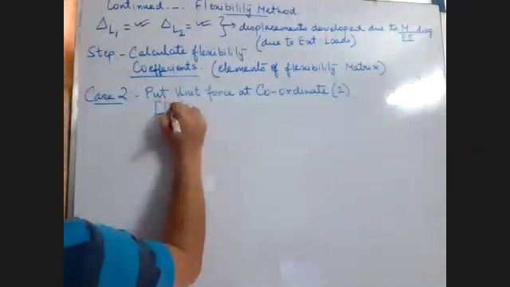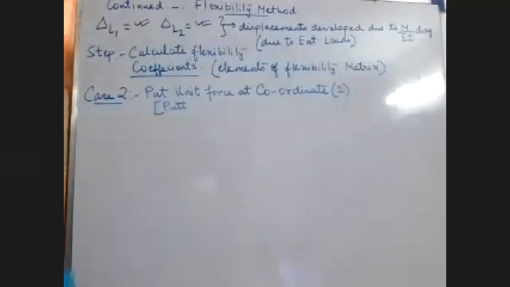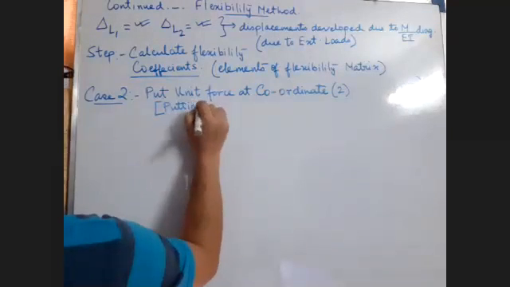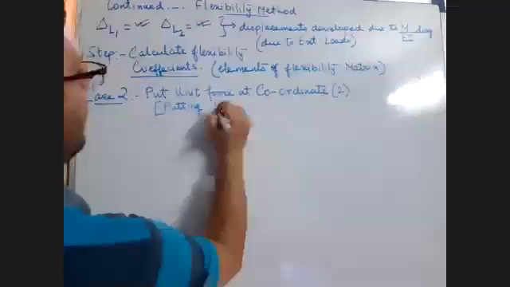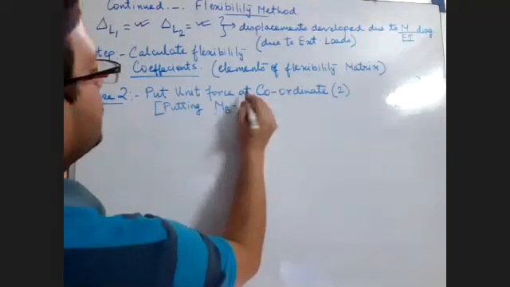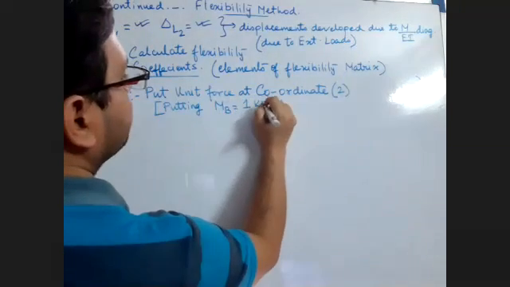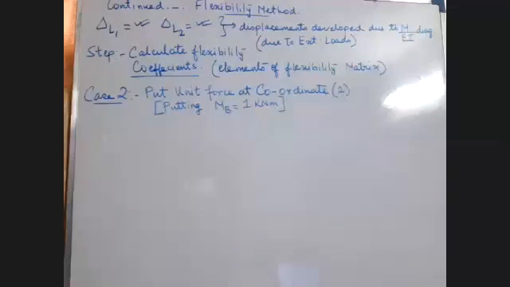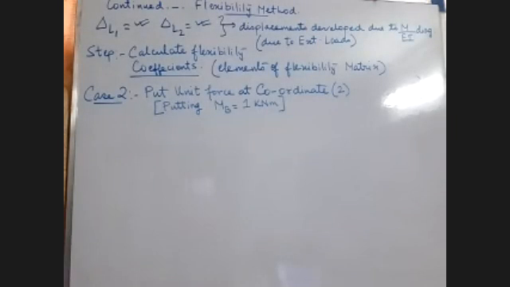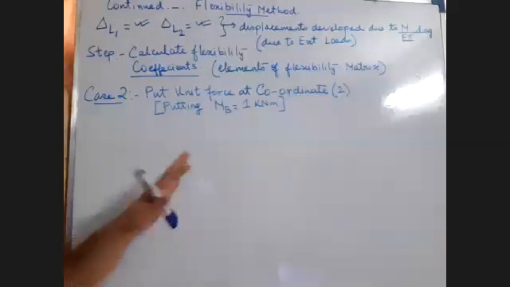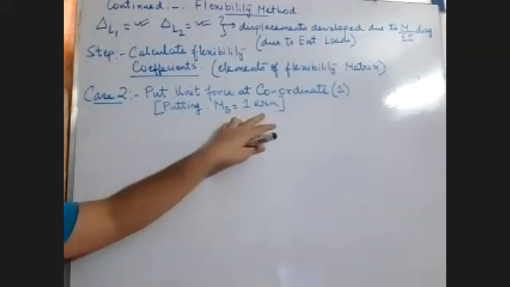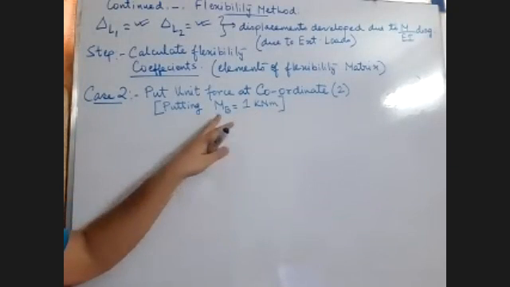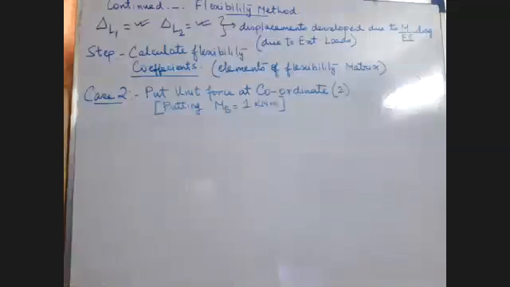That means we are putting moment at B equal to 1 kilonewton meter. So in case 1, I put MA equals to 1 kilonewton meter, and in this case I am putting MB equals to 1 kilonewton meter.